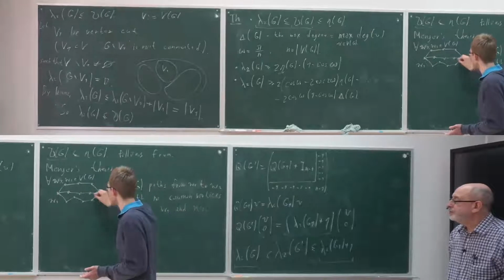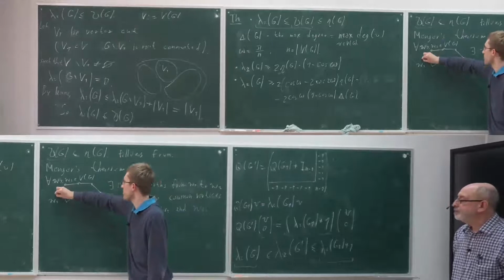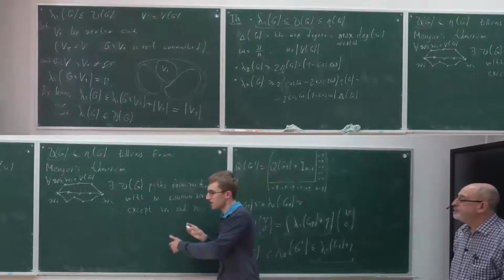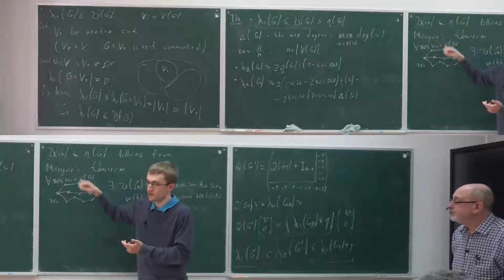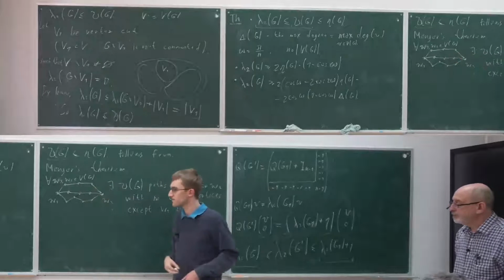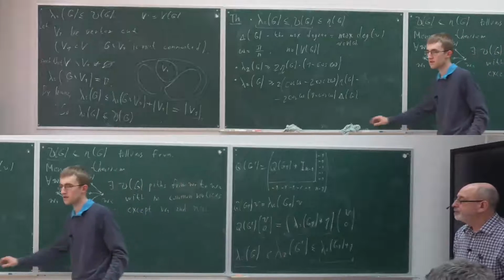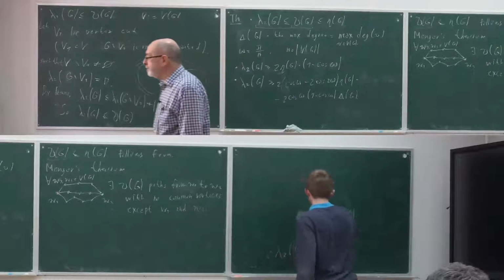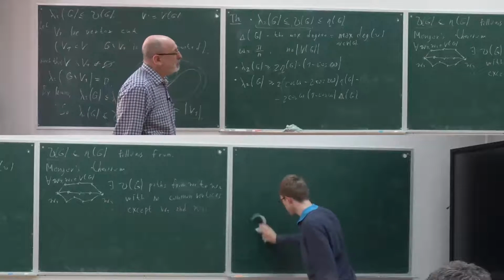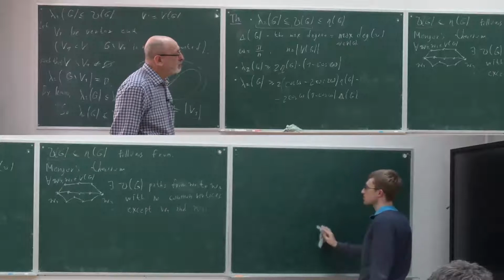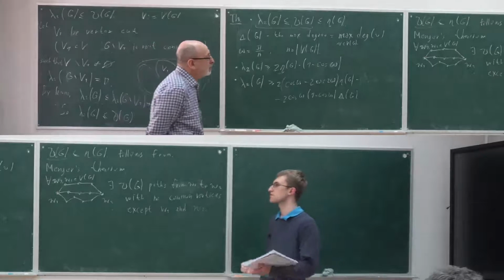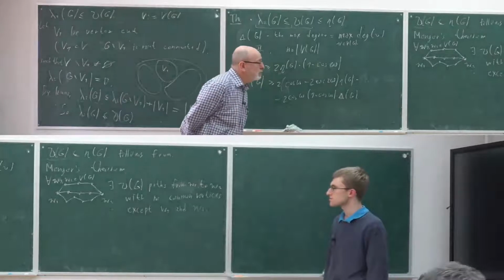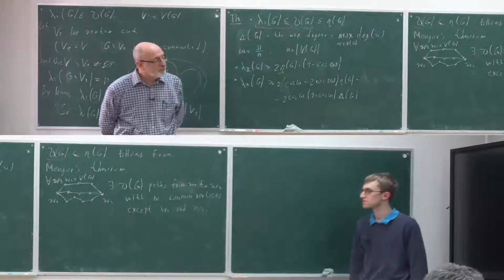Let's just take any two vertices, and there will still be a path between them, since we have k such paths, and they have no common vertices, so they also have no common edges, and that's why at least one of these paths will survive, and the graph is still connected. So if we remove from our graph some set of vertices, whose number is less than the connectivity, then between any two remaining vertices there will still be at least one path connecting them. Therefore the graph remains connected.